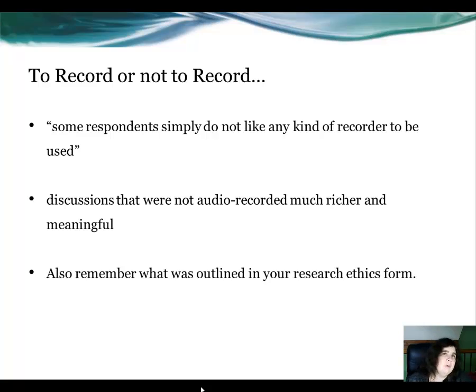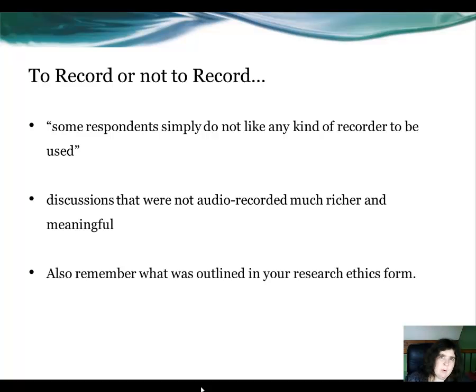So it can be much richer and more meaningful without audio recording. I need to go back to your research ethics form. If in your research ethics form you indicate that no recording will be made, then there is the understanding that you will not have a physical recording of the conversation.